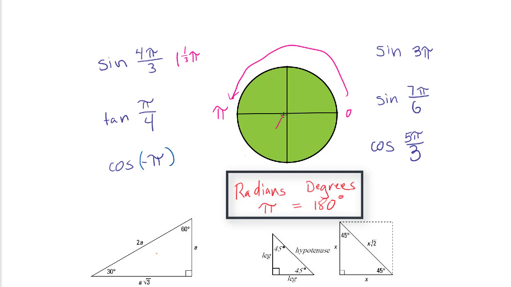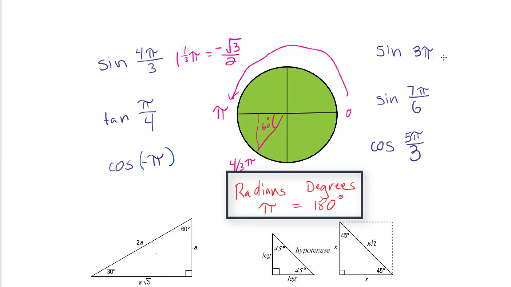So that would take us out to right about here. This would be 4/3 pi, and that would be the equivalent of 60 degrees in my third quadrant. So my sine would be negative. My vertical goes downward, and it would be 60 degrees. That's a sine of √3 over 2. So the answer here should be negative √3 over 2.